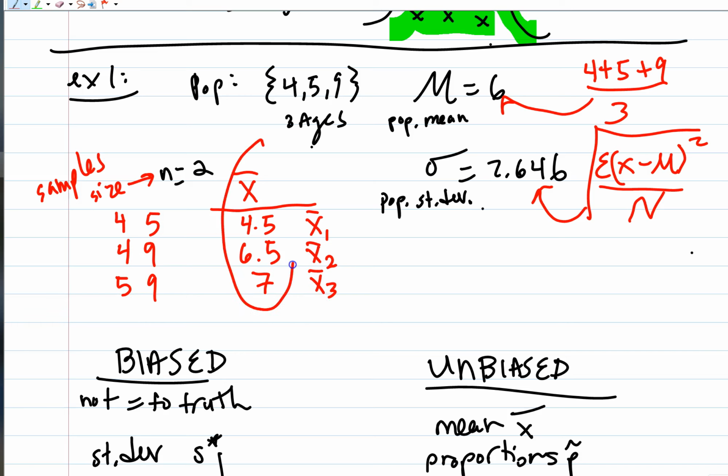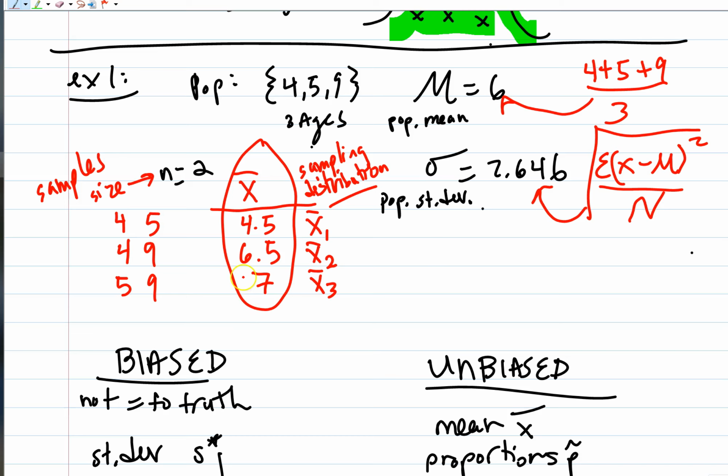This right here represents a sampling distribution. It is a distribution of all the samples of the same size for that population. So the question is, how does this sampling distribution compare to the population?